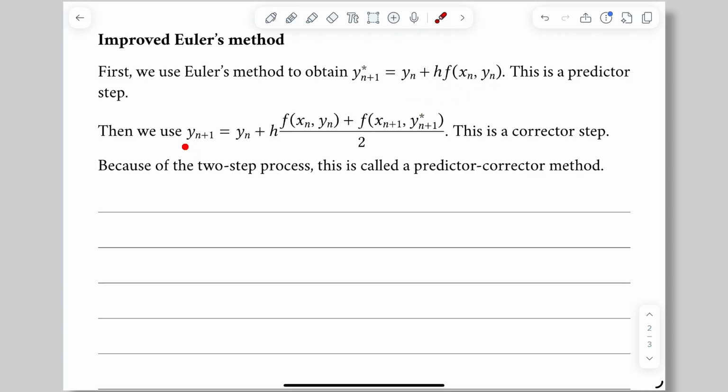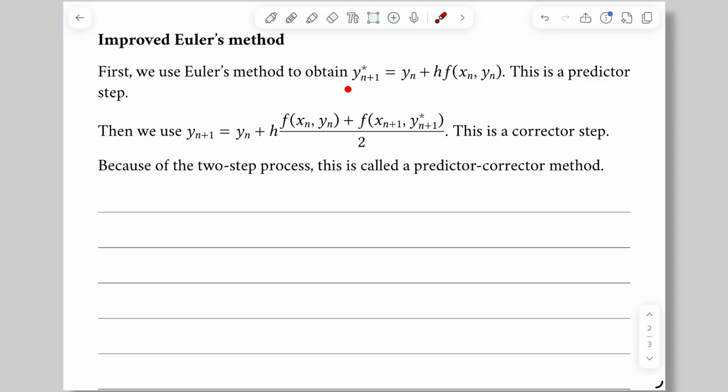Then we're going to find y sub n plus 1, and it is y sub n plus step size h times the f of x sub n, y sub n that we used in Euler's method, plus the same f, but now evaluated at x sub n plus 1, y sub n plus 1 star, all that divided by 2. This is the average of the two slopes that I referenced earlier.